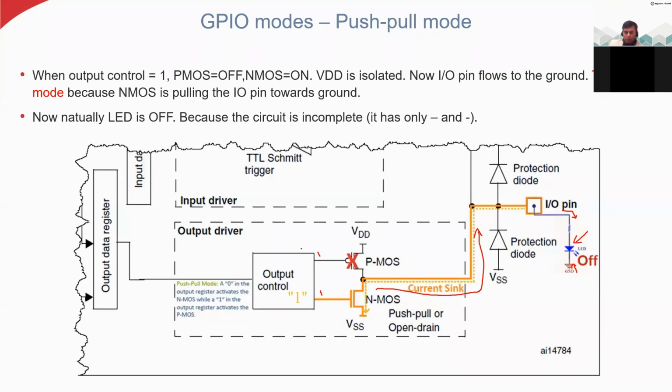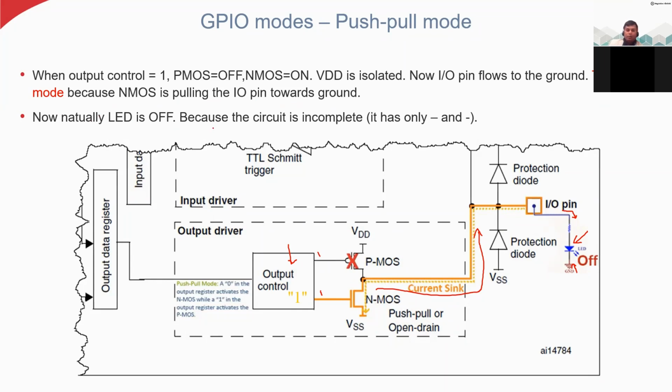So you can assume the output of this block is 1. This is called pull mode because the NMOS is pulling the IO pin towards ground. You can also say this pin is pulling down to the ground, or we are pulling this ground to this IO pin.